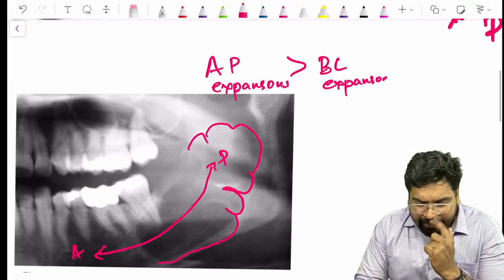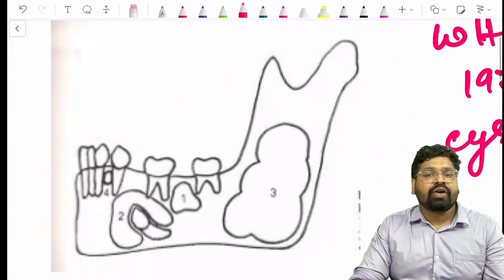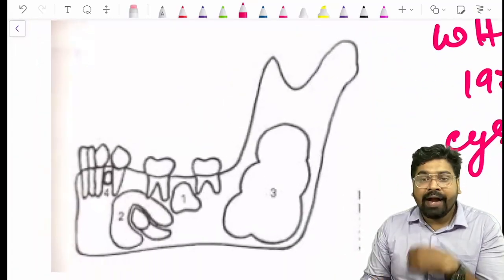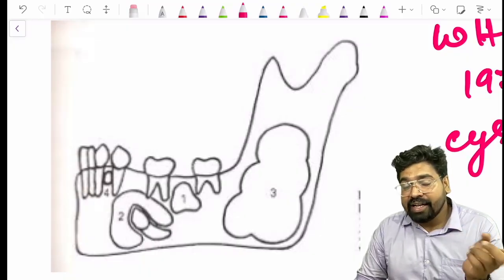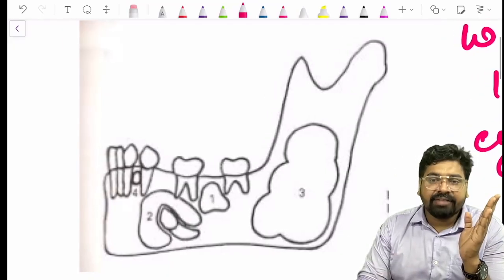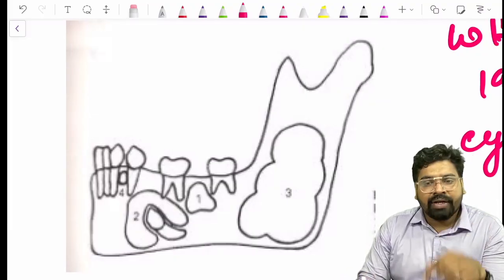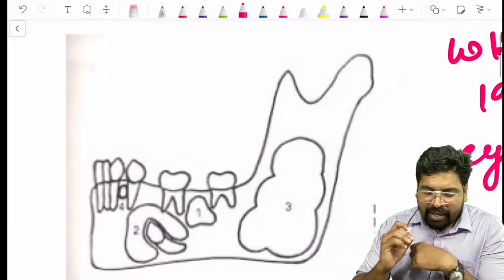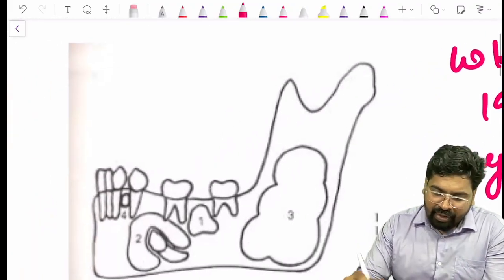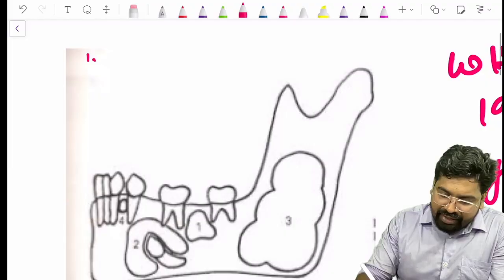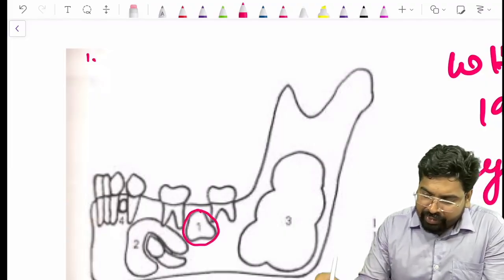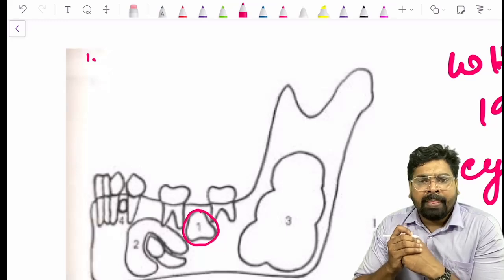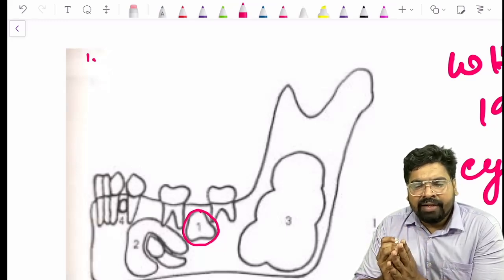Now there are 4 different radiological types of OKC. Just like you had central, lateral and circumferential in your dentigerous cyst, you have 4 different types of OKCs here. Can you see the first one here? That is coming in a place where there is a tooth missing.